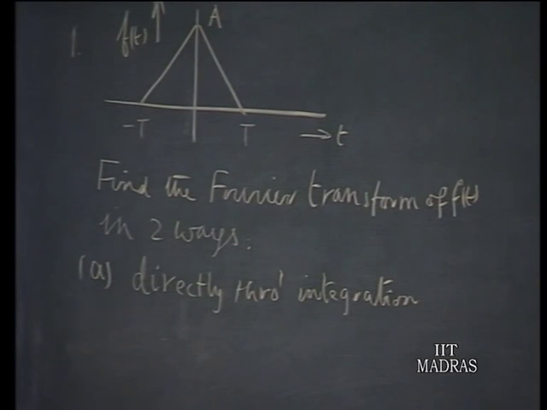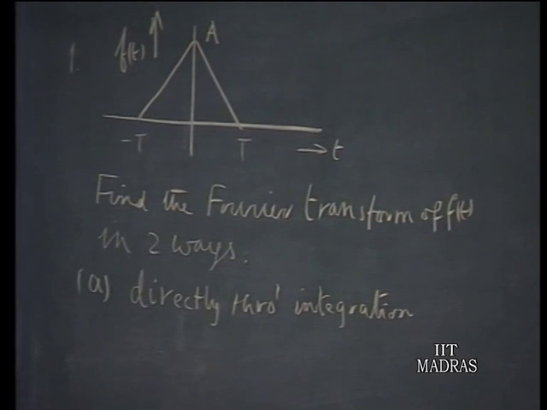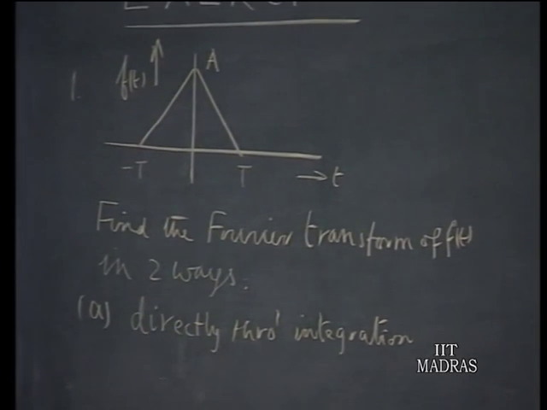applying the standard formula for the Fourier transform, that is minus infinity to plus infinity f of t e to the power of minus j omega t dt, that type of integration.